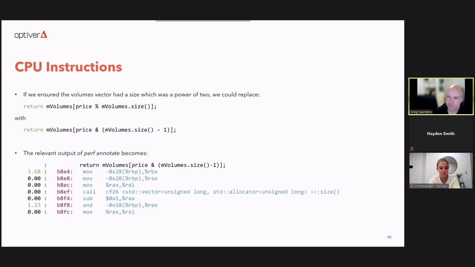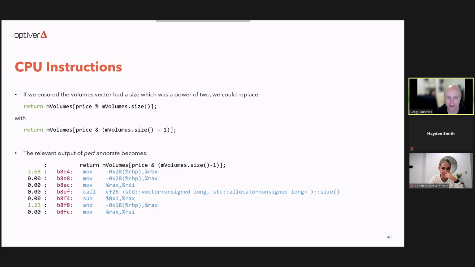Well, if we made a change to our code and ensured that the vector, the circular buffer, always had a size that was a power of 2, so 16,384 or 32,768 or 65,536, some power of 2, then we could replace that mod expression with a simple binary AND expression, which I've got on the screen there.